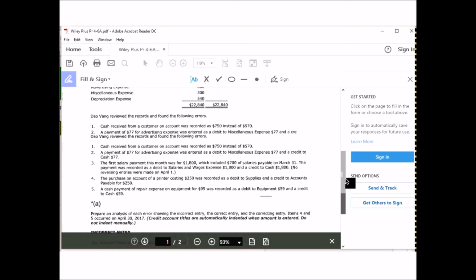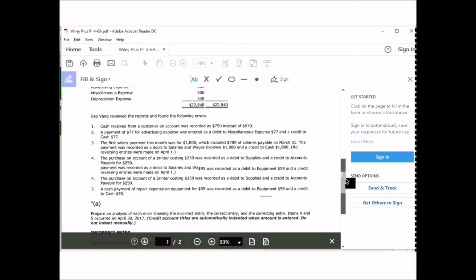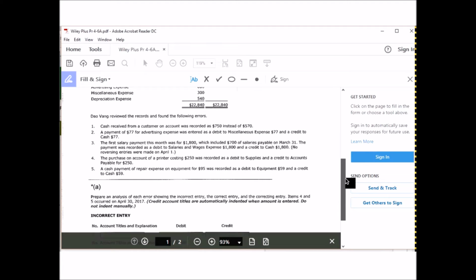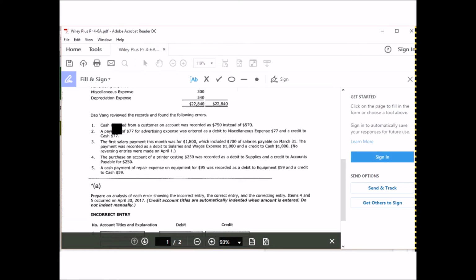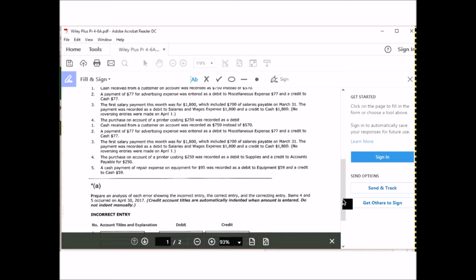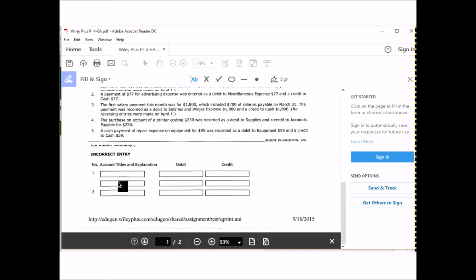So the first thing we have to think of then is, well, what accounts would they have used, knowing the accounts were correct? Well, we ask ourselves the first question, the debit question, what did the business get? That's pretty easy, hopefully, here. The business got cash, and I'm going to put that in here as my debit.